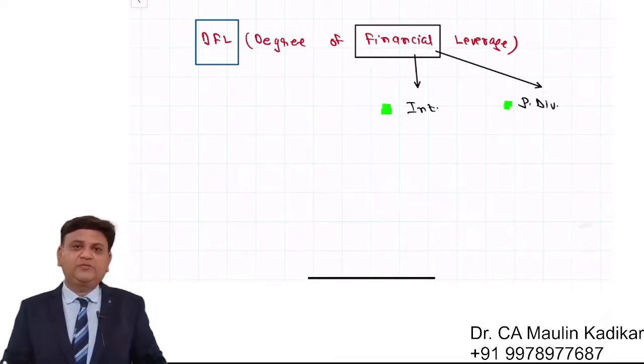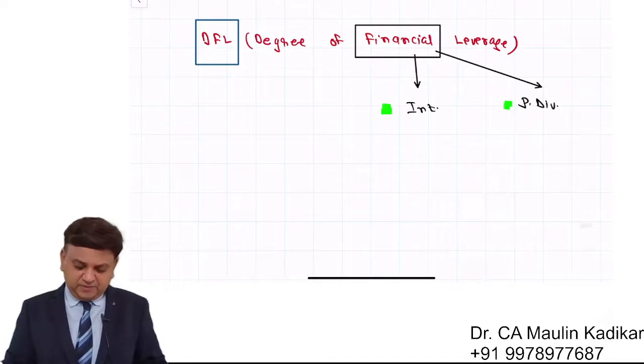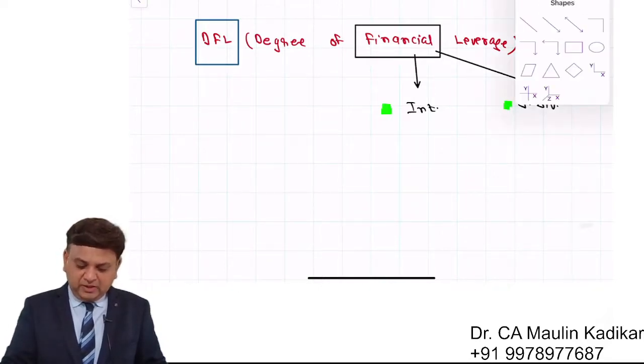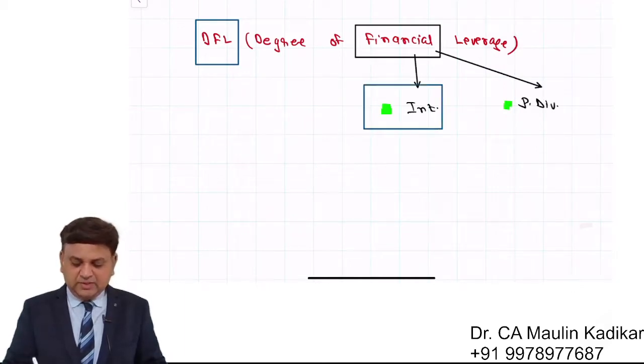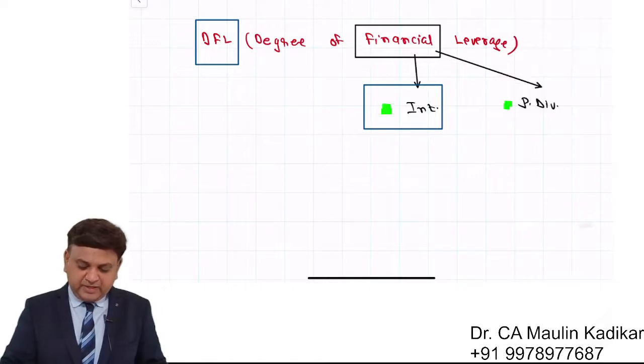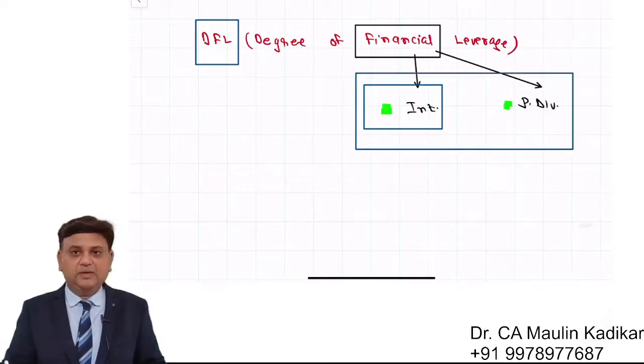Friends, there are two types of questions asked in examination. One type is the question wherein we have generally only interest, and the other kind of example is one in which we have both interest and preference dividend.